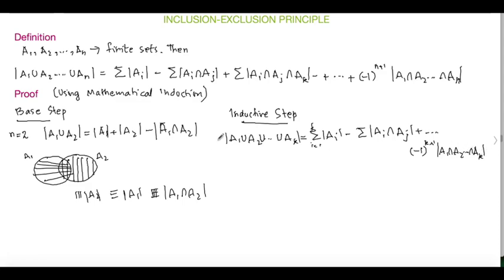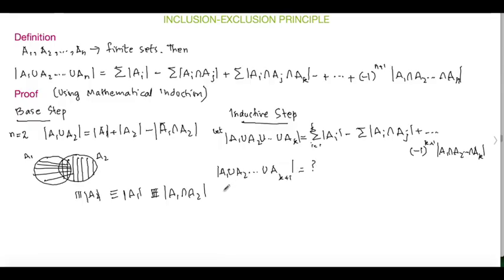Okay, so this is our hypothesis. Now we have to find an expression for A1 union A2 up to union A K plus 1. So this is what we want to find.